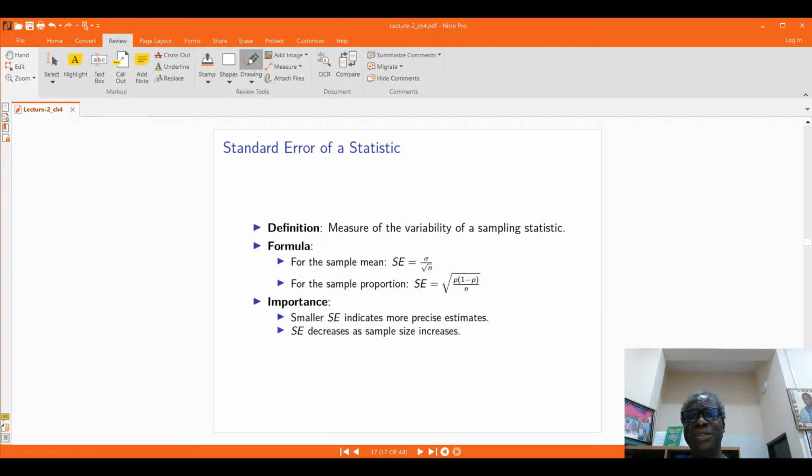We have also talked about the mean of the sample mean, and the standard error, which is the standard deviation of the sample means. We've talked about that. Suppose we are dealing with proportion. We've not talked about that, so let me talk about proportion.